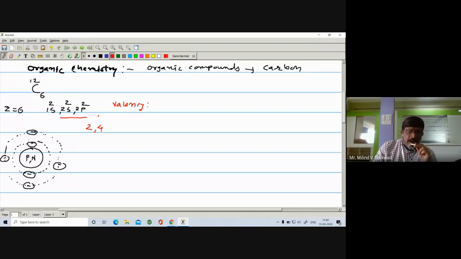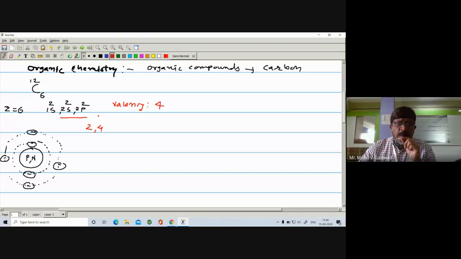So what is the valency of carbon? Yes, 4. The valency of carbon is 4, so carbon can combine with 4 other electrons.